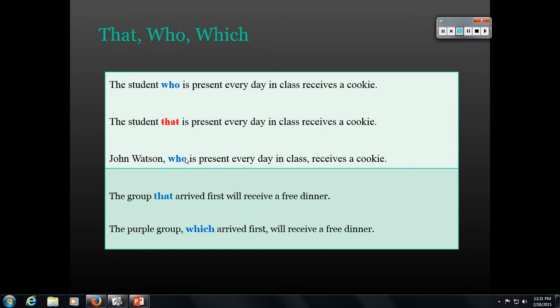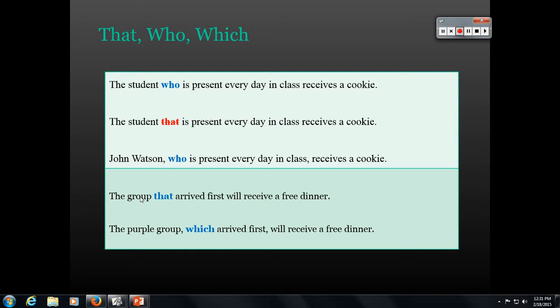Now let's talk about whether you use that or which. So the group is, in this case, considered a thing. It's not considered necessarily a group of people. So we are describing the group with the clause that arrived first.